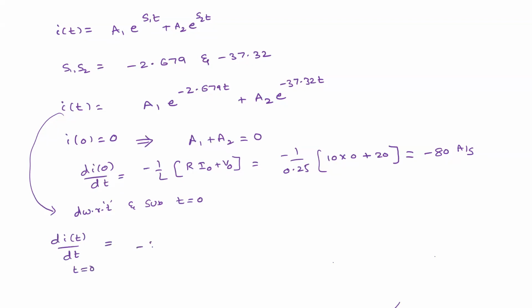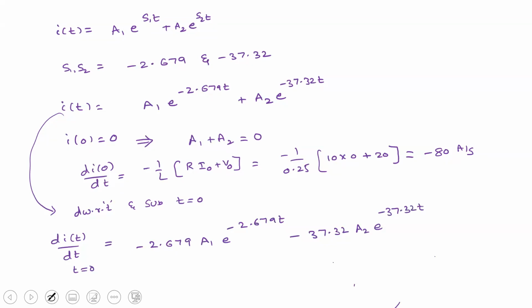It will be minus 2.679 a1 into e to the power of minus 2.679 t, minus 37.32 a2 into e to the power of minus 37.32 t. Agree? This is the one, right?